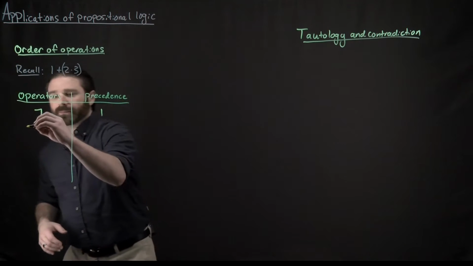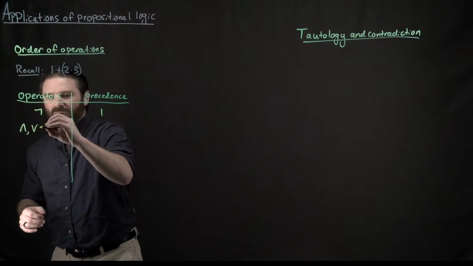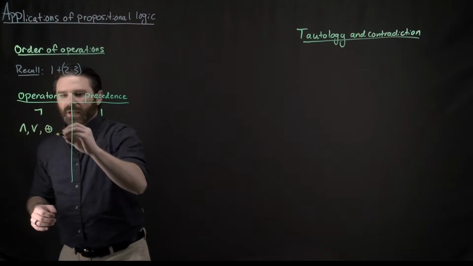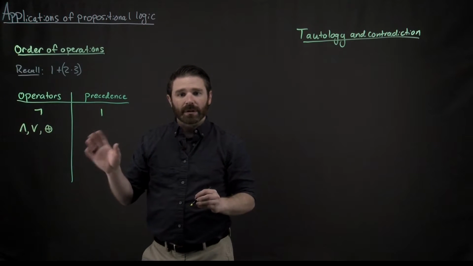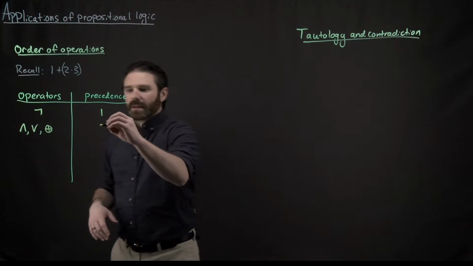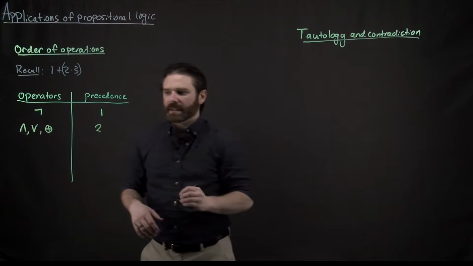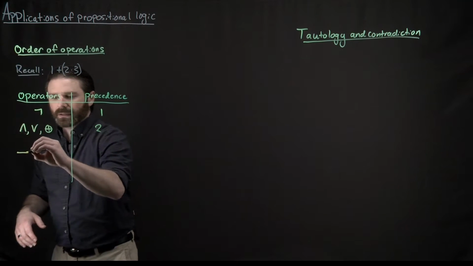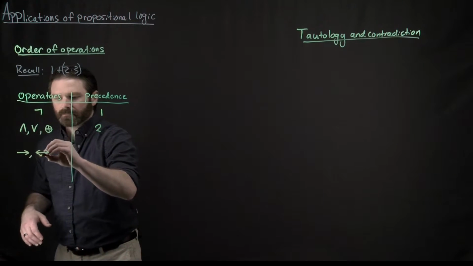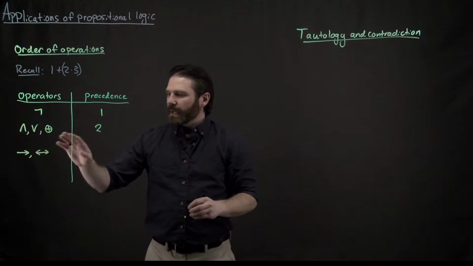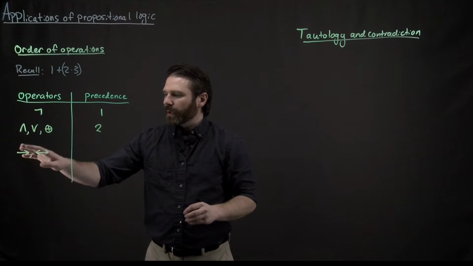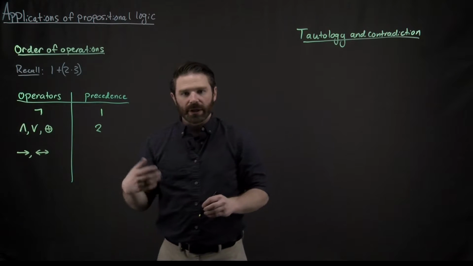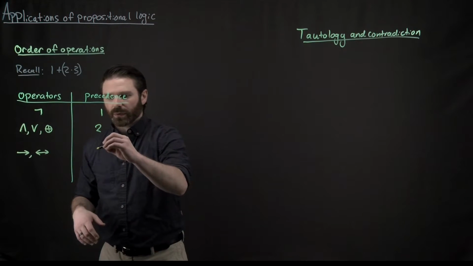Next after that, and, or, and XOR come next. And they are the next in the precedence list right here, number 2. And lastly, conditional and biconditional, or implication and bi-implication, is the very last one right here.